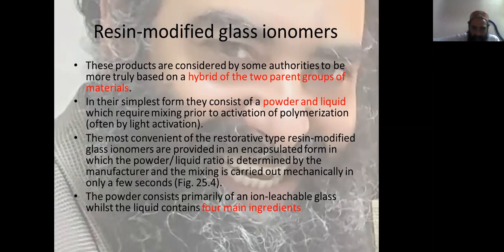In their simplest form, they consist of a powder and liquid, which require mixing prior to activation of polymerization, often through light activation.